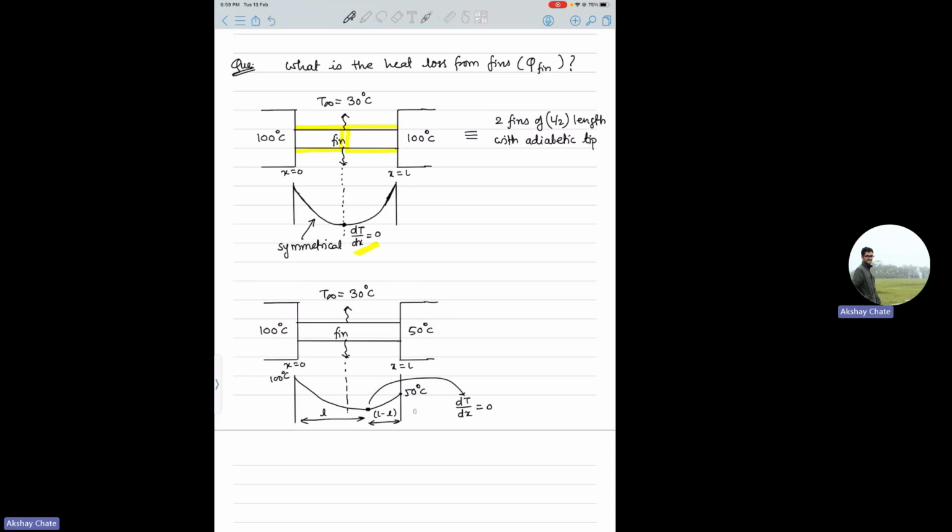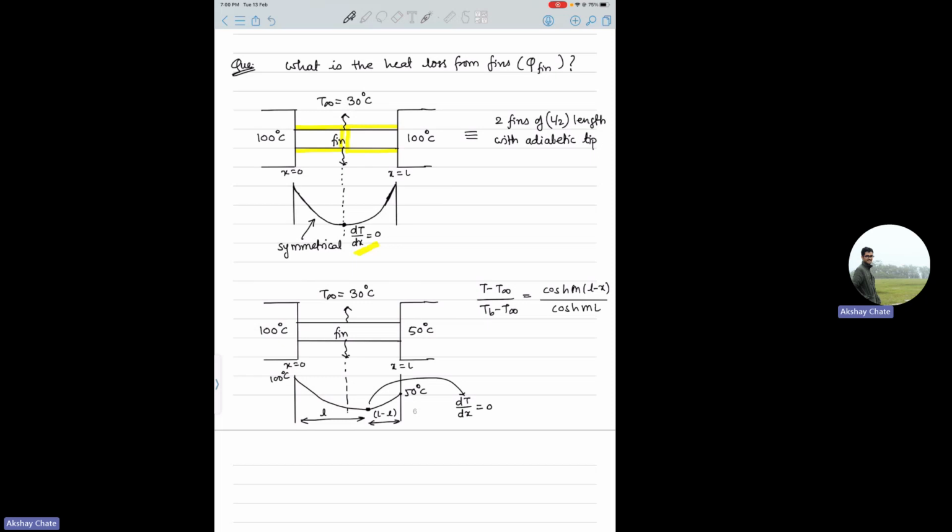So what you have is this formula: (T minus T infinity) divided by (Tb minus T infinity) is nothing but cosh(m(L minus x)) by cosh(mL).